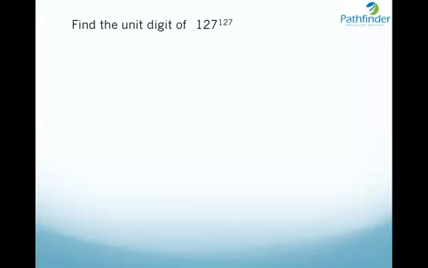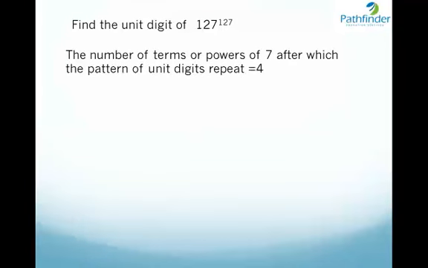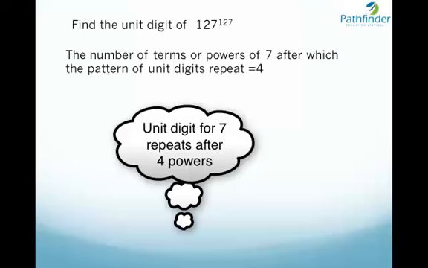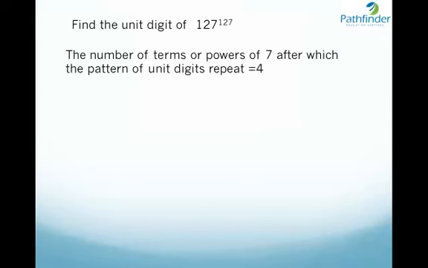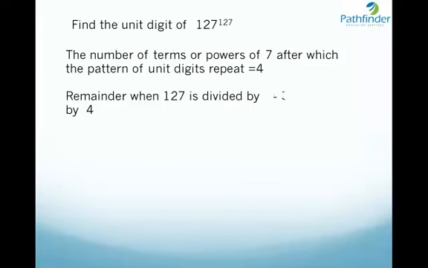Find the unit digit of 127 raised to the power of 127. In this case, the unit digit will depend on the unit digit of 7 to the power of 127. Again, if you check from our list, the unit digit of 7 repeats after every 4 powers. So again, divide 127 by 4 and the remainder is once again 3.